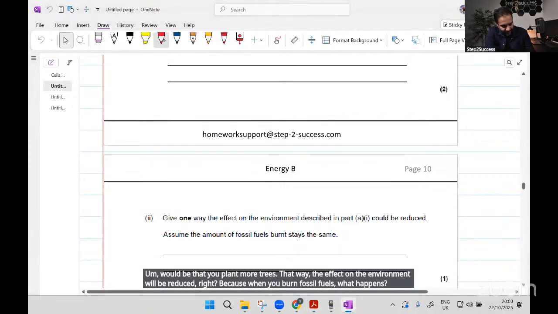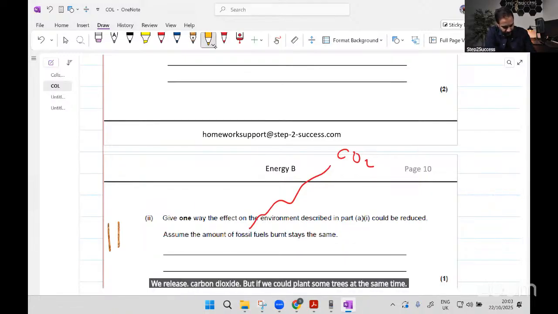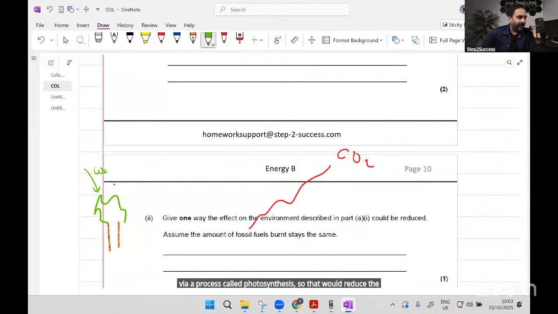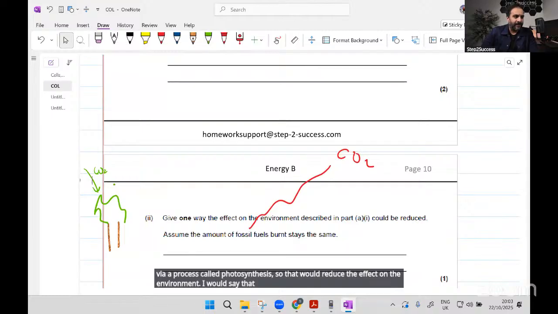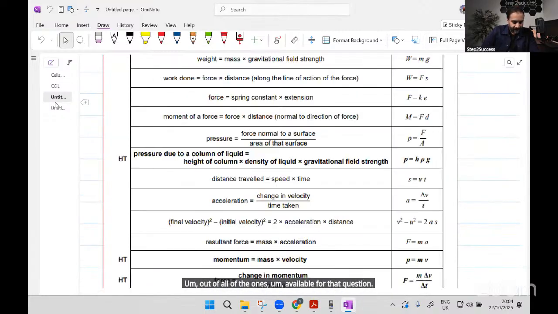We release carbon dioxide. But if we could plant some trees at the same time, what will the trees do? They will take in carbon dioxide via a process called photosynthesis. So that would reduce the effect on the environment. I would say that's the easiest answer out of all of the ones available for that question. Right.